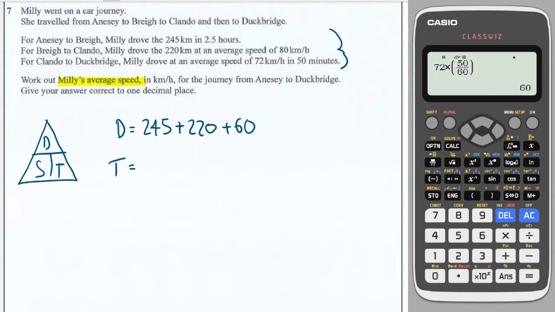So this gives me 60 total distance. And now we need to work out the total time taken. Well, first one is 2.5. The next one, I don't know what the time is, so I need to do distance divided by speed. So the distance is 220, and the speed is 80. So that gives me a total of 2.75 hours. And the last one, again, is not in hours, so I'm just going to write it as 50 over 60.